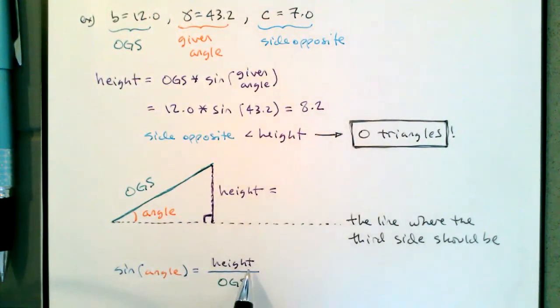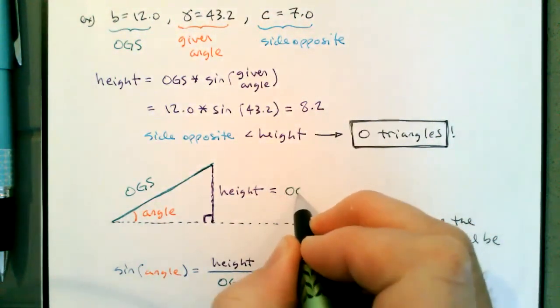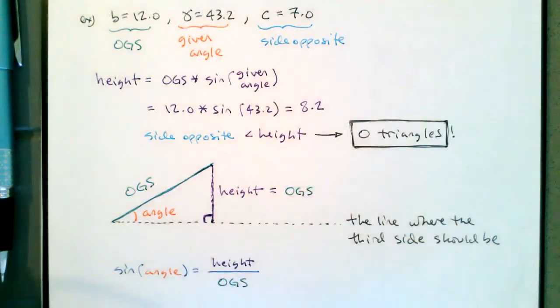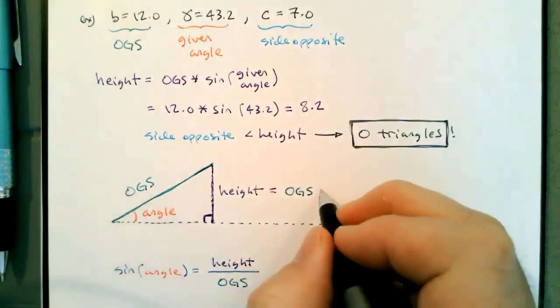So here's where we can solve for the height by multiplying by the other given side. So that's why the height is the other given side multiplied by the sine of the angle.